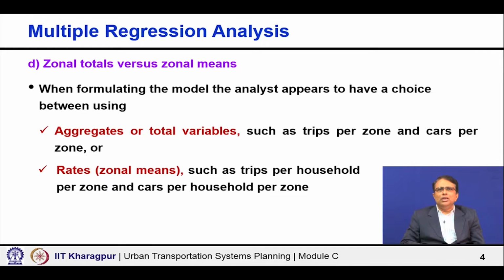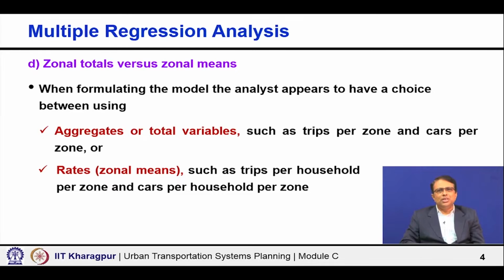Or similarly one can say total trips produced per zone, or in another case trips per household in that zone. So, in the first case we are using the zonal total or aggregate variable, and in the second case we are using the rate or zonal means.